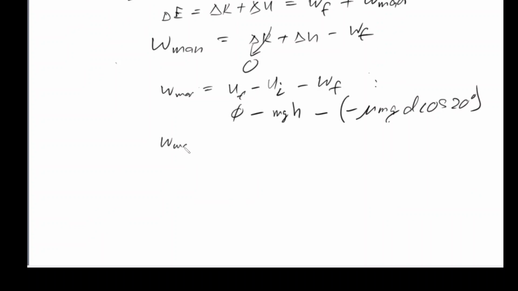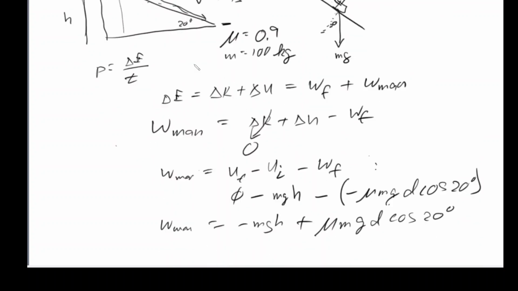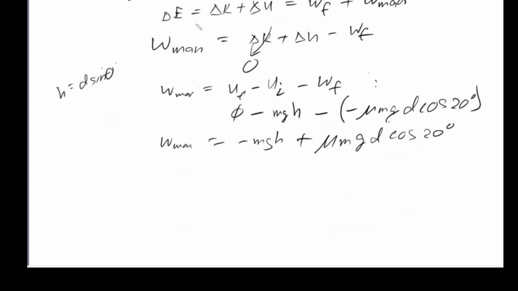So the work of the man becomes minus mgh plus coefficient of friction mg, the distance it travels down the hill, cosine 20 degrees. Well, h we can get from this angle. h is simply d, distance it travels, times sine theta, which in this case is 20 degrees.